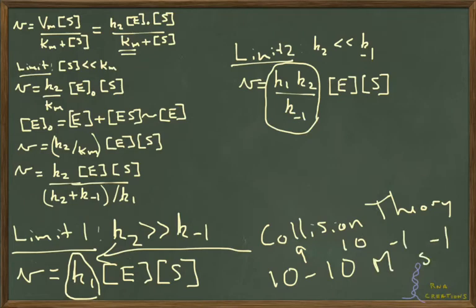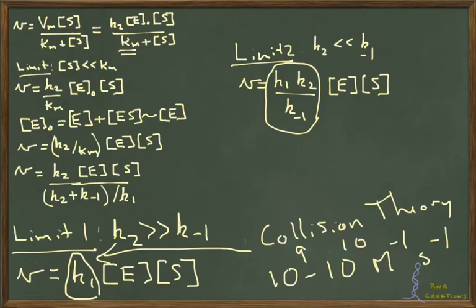So that's the fastest that k1 could be. But it's never that big with enzymes. It's rarely that big. To have a productive collision with a big enzyme, it has to find the active site, and it has to go in the right orientation. If it hits the backside of the enzyme, it might not work, etc. And so that's the limit.